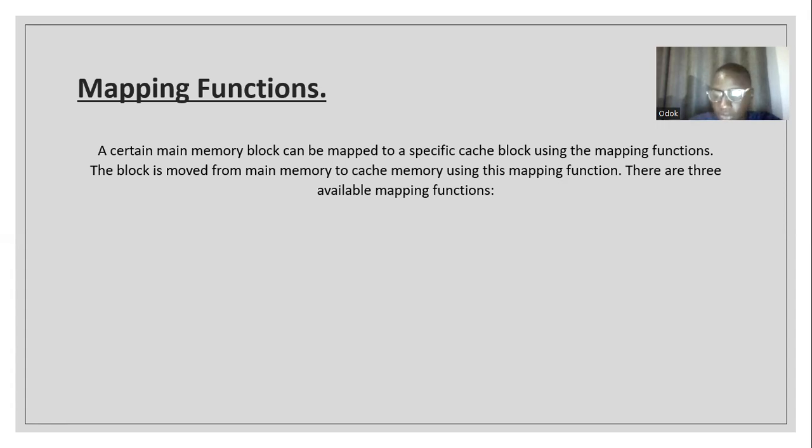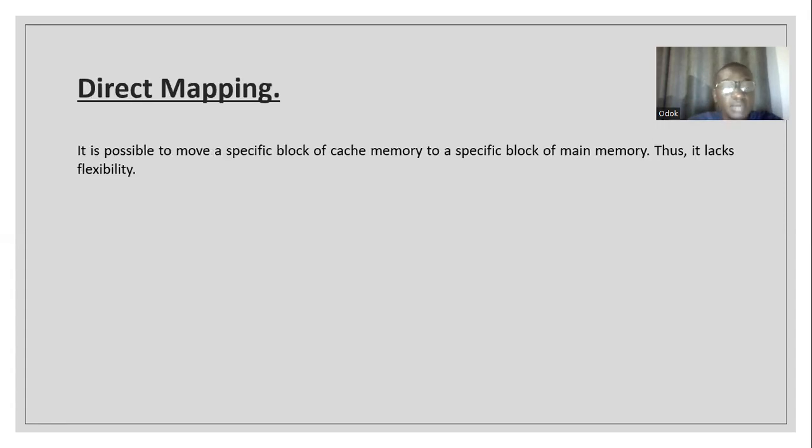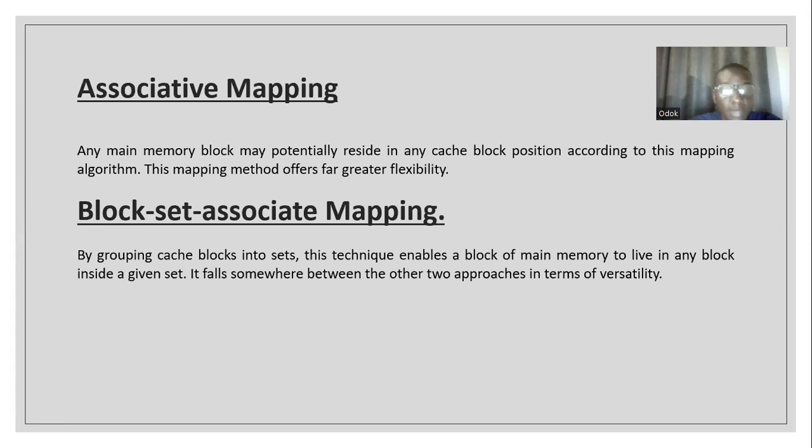Next, we have associative mapping. Any main memory block may potentially reside in any cache block position according to the map algorithm. This mapping method offers greater flexibility.